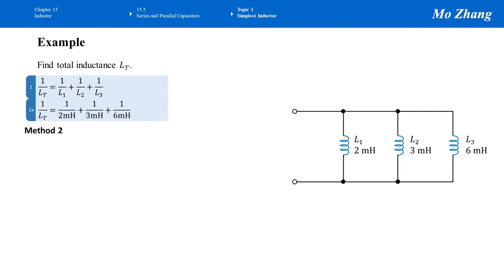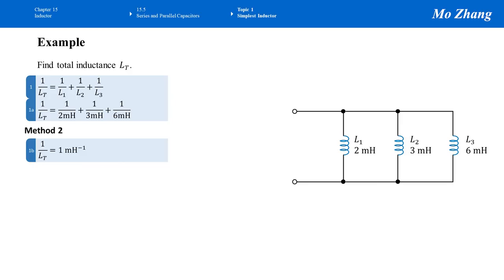So copy down that 1 over Lt. The right-hand side of the equation has three terms. 1 over 2 millihenry plus 1 over 3 millihenry plus 1 over 6 millihenry. Don't worry about the unit for now. Just put these numbers into a calculator. In the calculator, I enter 1 over 2 plus 1 over 3 plus 1 over 6.